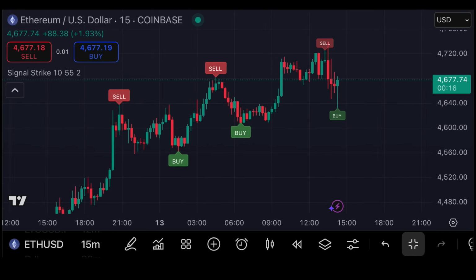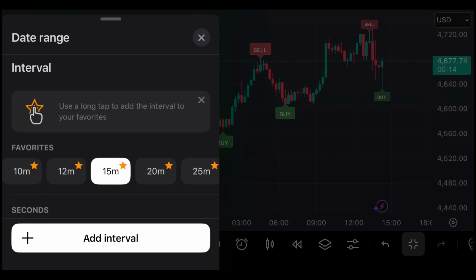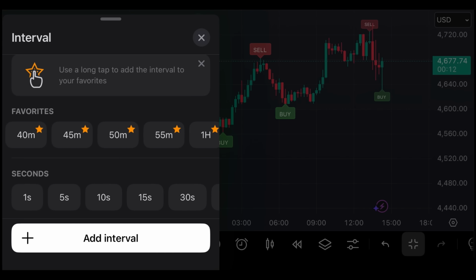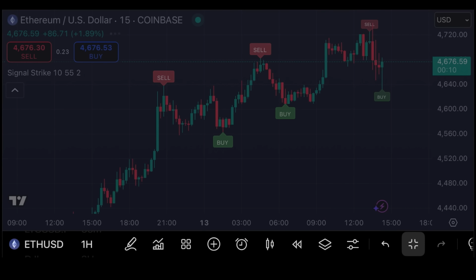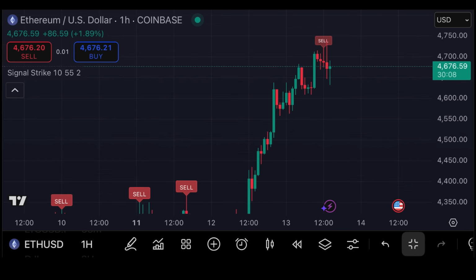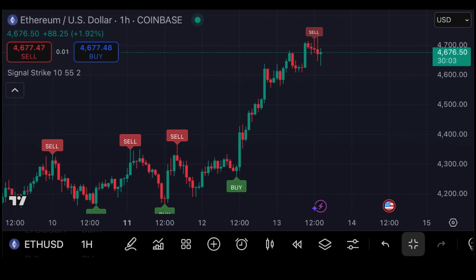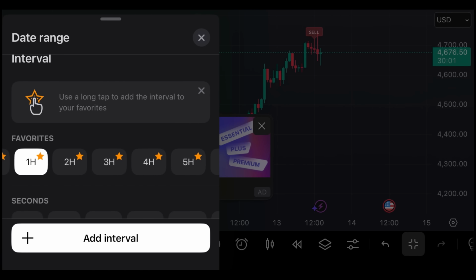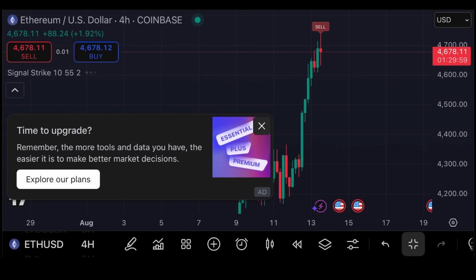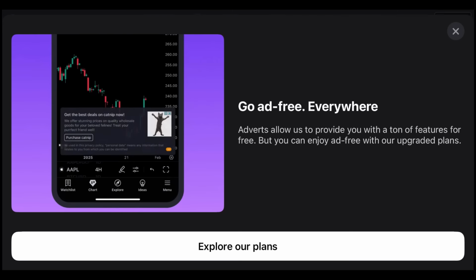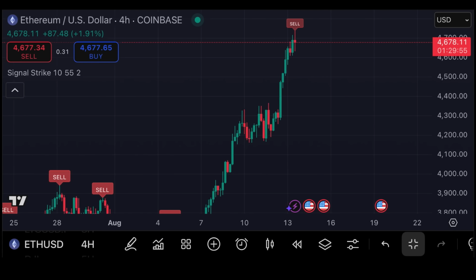So let's take a look at maybe the 1-hour time frame, because this indicator works on pretty much all time frames, and we're not going to have any issues. As you can see, we still have a sell signal on the 1-hour time frame, all right, and on the 4-hour, you can see that we have a sell signal exactly right here at the top.